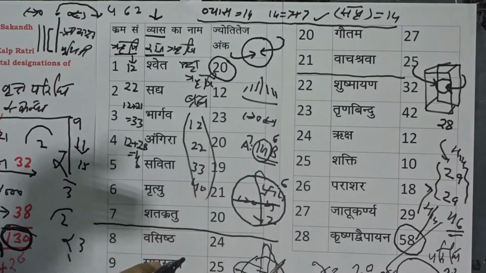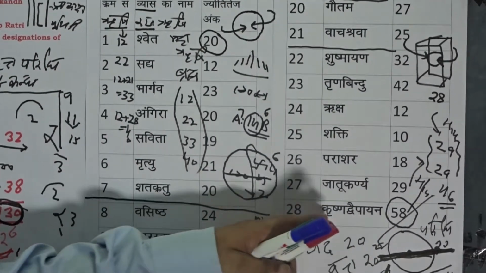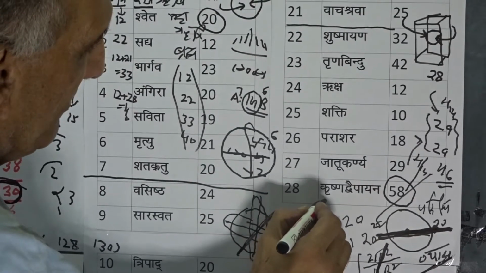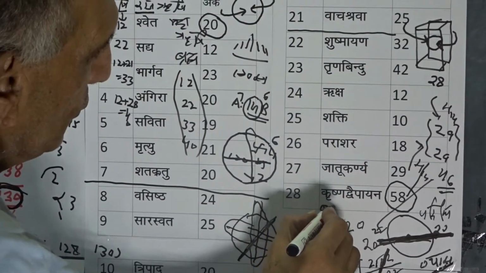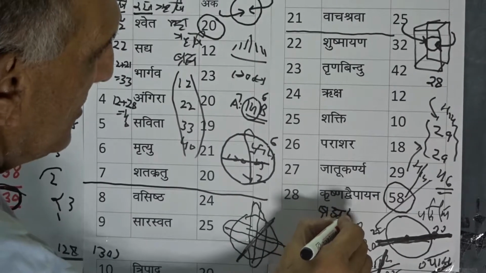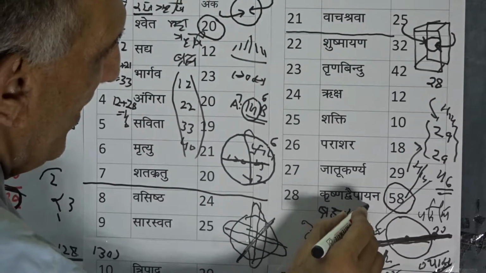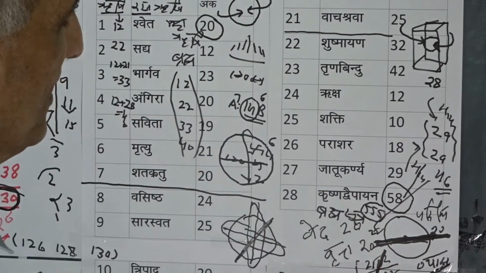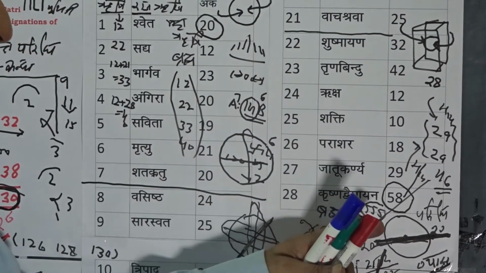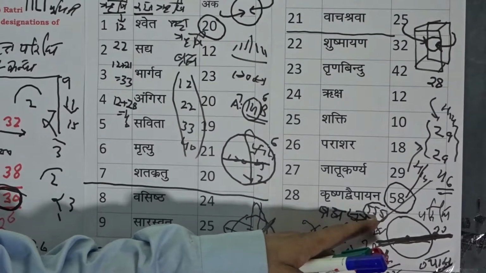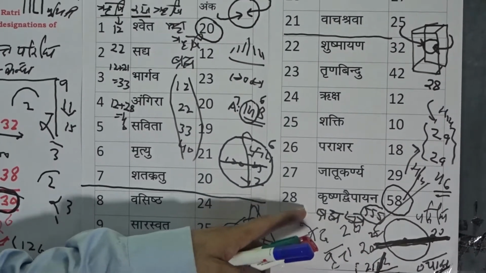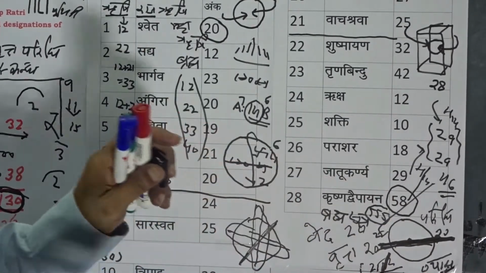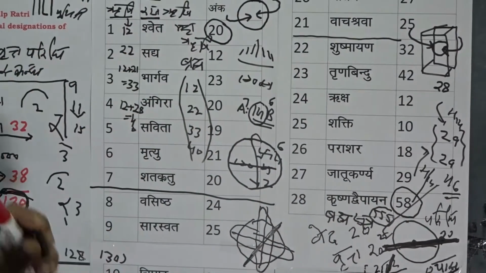So Vedic systems have reached, and Krishna Dvaipayan is the author of the Vedant, Brahma Sutra. The Brahma Sutra is the scripture of 555 mantras, and these 555 mantras and composition author is Krishna Dvaipayan 58, and these all features are at work.